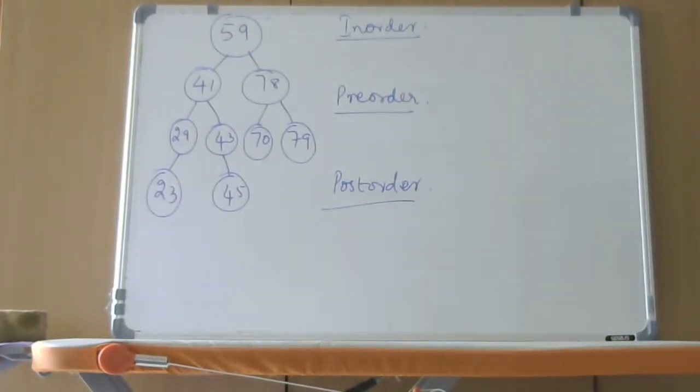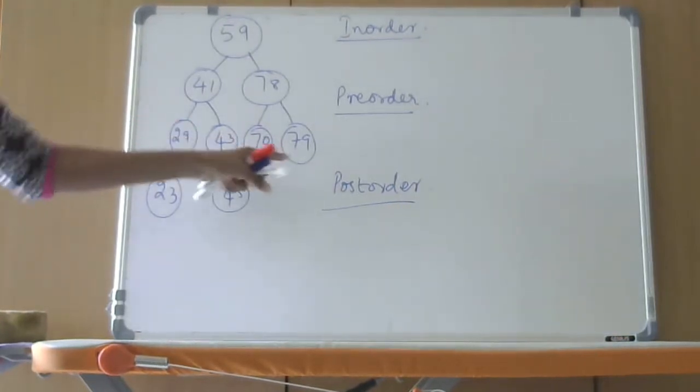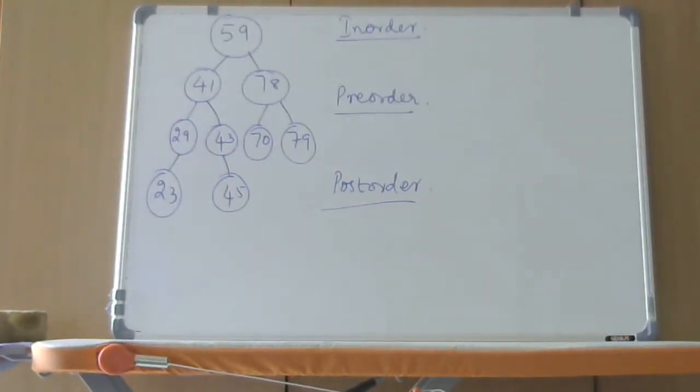So let's take this example: 59, 41, 78, 29, 43, 70, 79, 23, 40. You can pause the video. First you do it on your own, and then you can cross-check with how I have done, so that by then you will learn how it can be done.